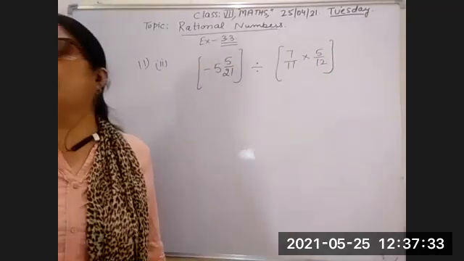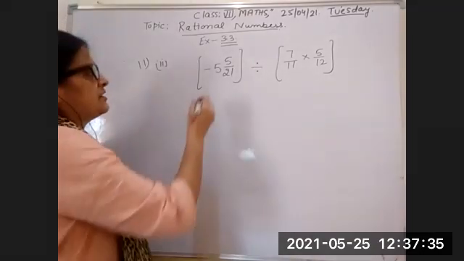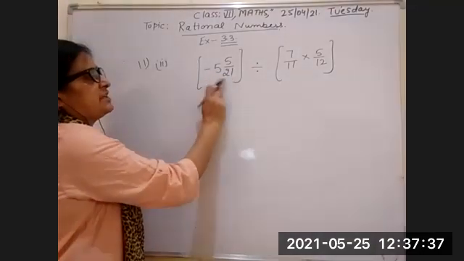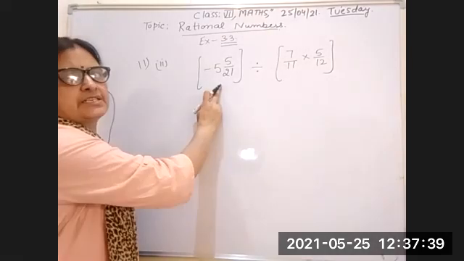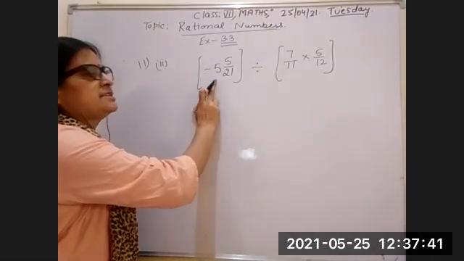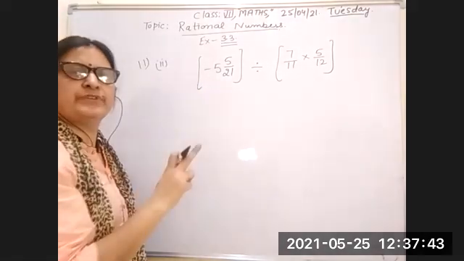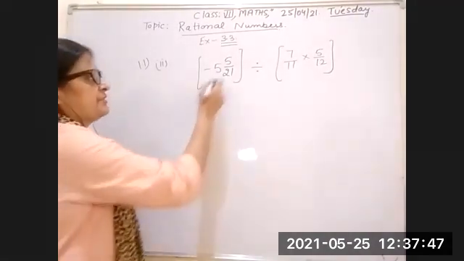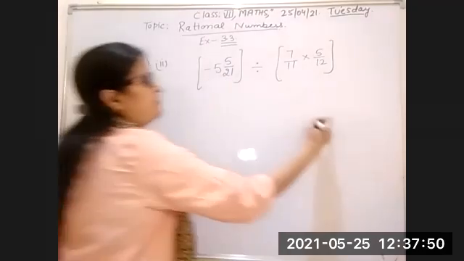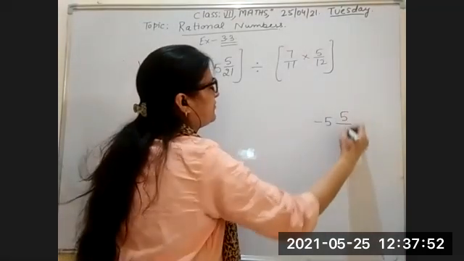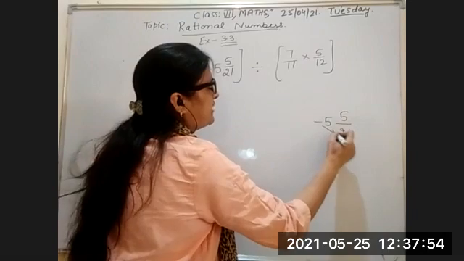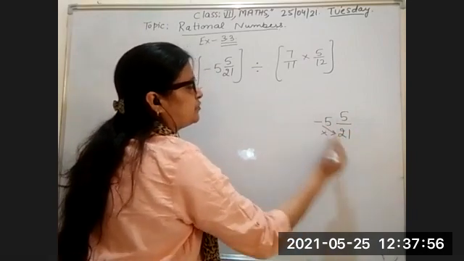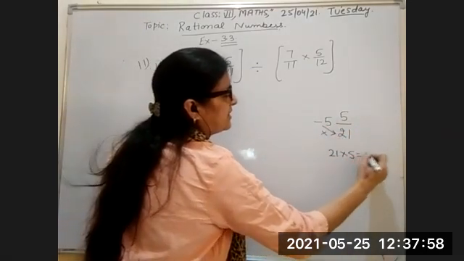Okay, then how will we solve this question now? First, in this bracket a mixed fraction is given. Now you change it into an improper fraction. How do you change the mixed fraction into an improper fraction? Minus 5 2 upon 5 upon 21 is given. When you multiply 21 into 5, you will get 105.